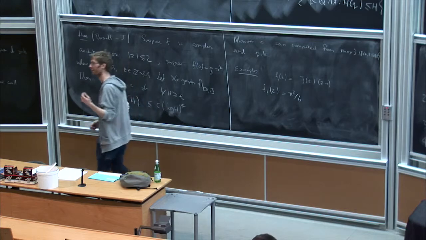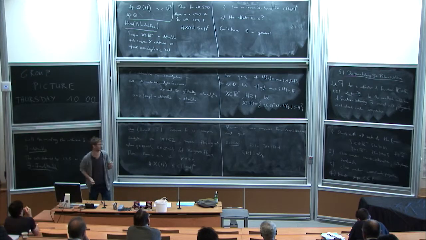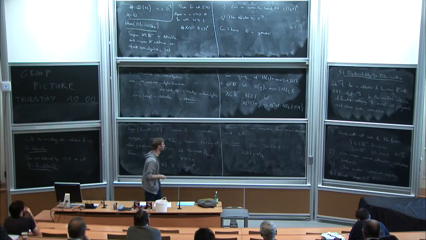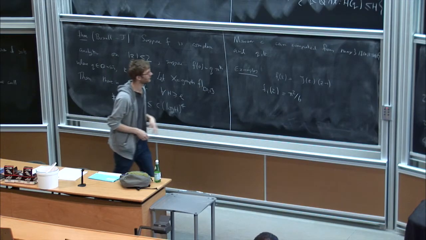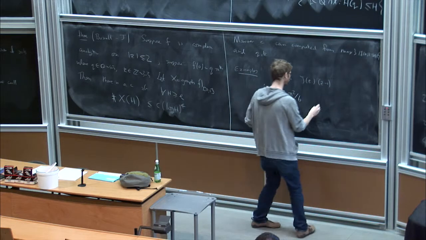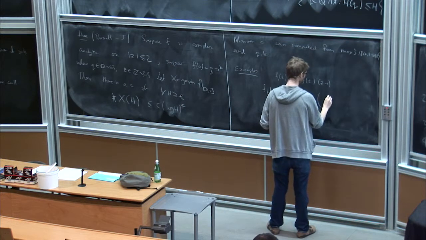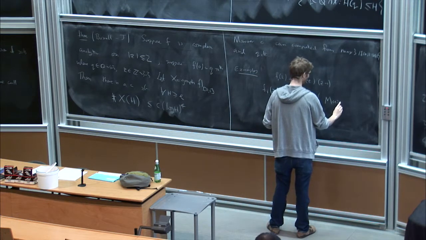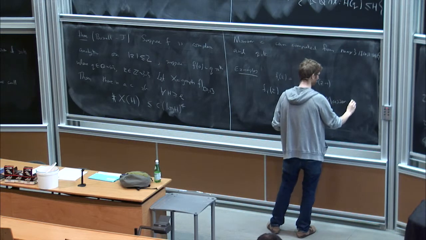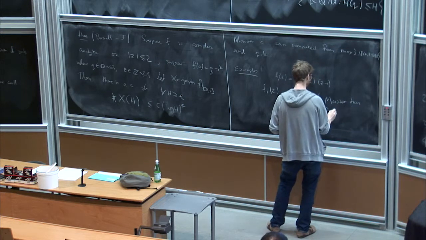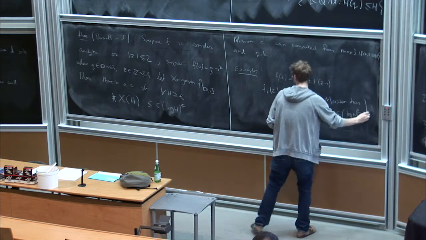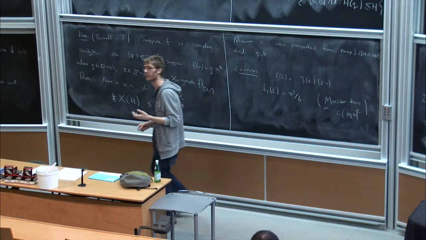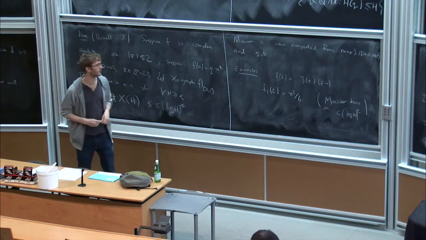So I can work around the point z equals 2, and I can apply this result. In this example, in fact, Masser has done better. He has a C (log H) squared bound, but his techniques are quite specific to zeta.